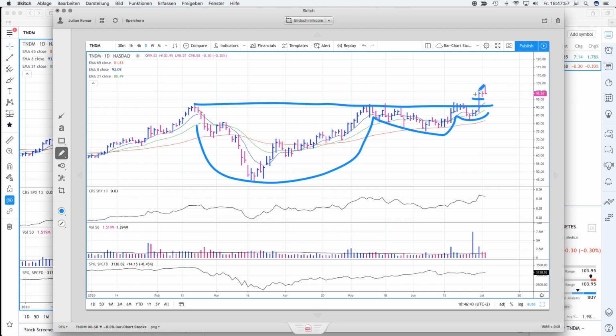So that means I placed another order 1% above the high at the time. So if at that time the high was around 96, I place an order at 96 and a few cents.